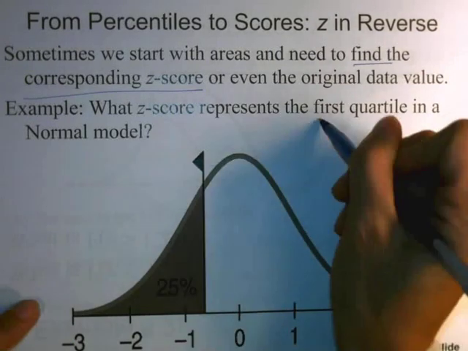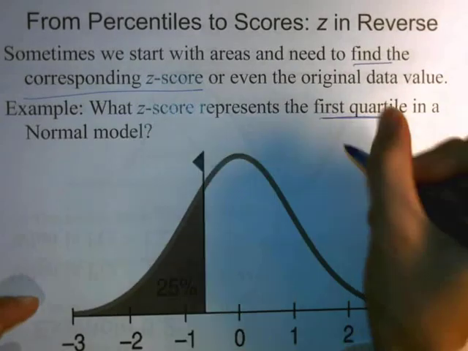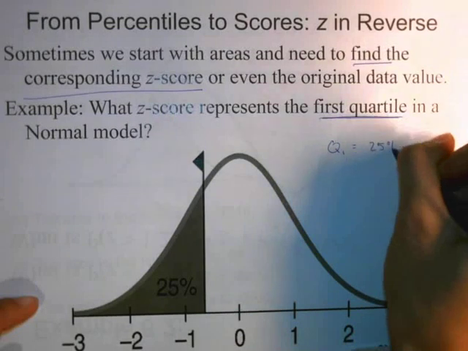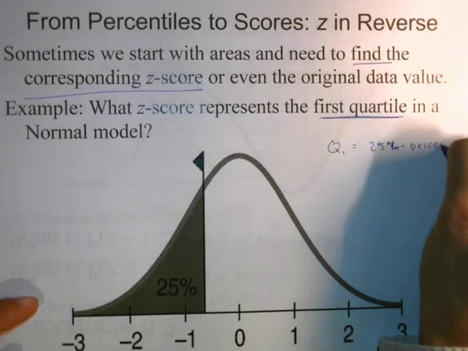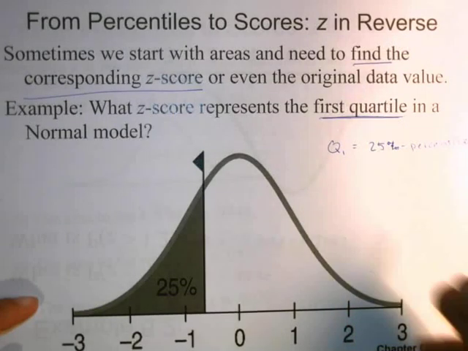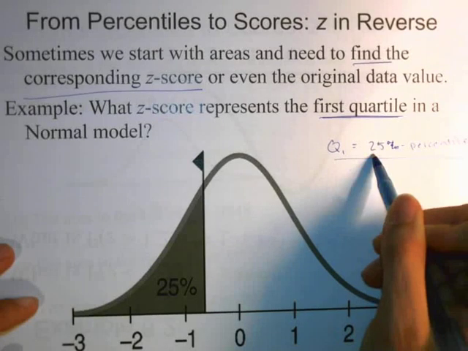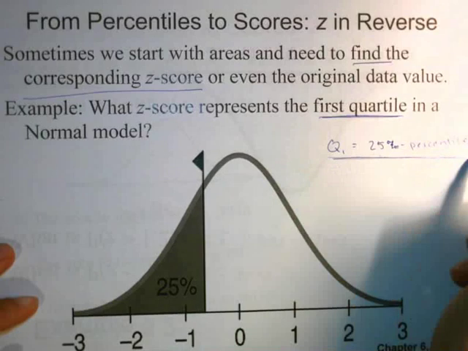As an example of this, which z-score represents the first quartile in a normal model? So the first quartile, Q1, is the 25th percentile. This is the number that divides the bottom 25% of the data from the top 75% of the data.